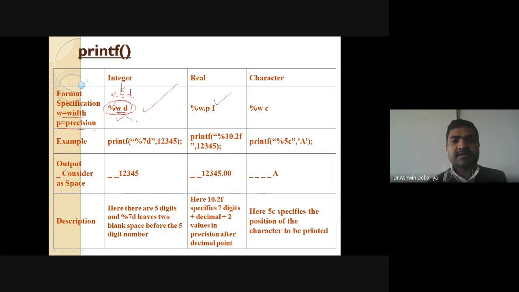But if we consider the same example in real, meaning float data, we generally mention the width dot precision, like 0.2, right? So again, it will display like this.